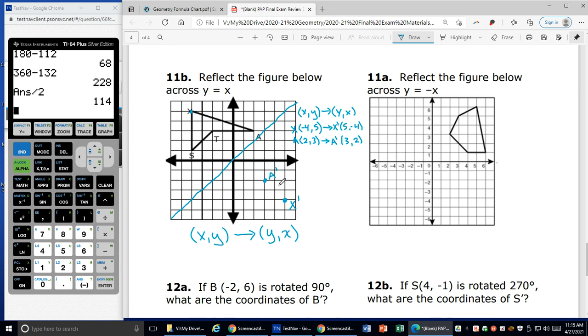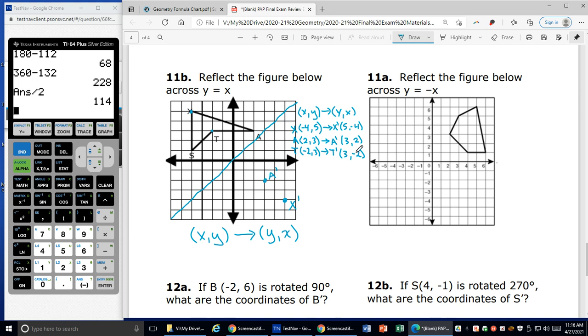A prime. Let's go to T next. T is at negative 2, 3. So T prime, y is 3, x is negative 2. 3, negative 2. 1, 2, 3, 1, 2.